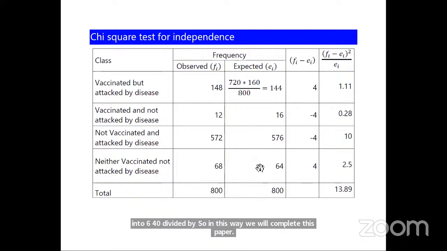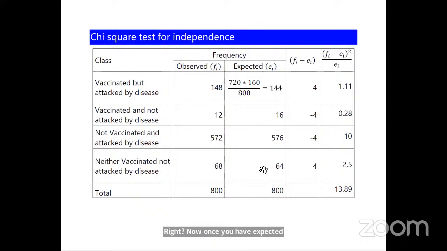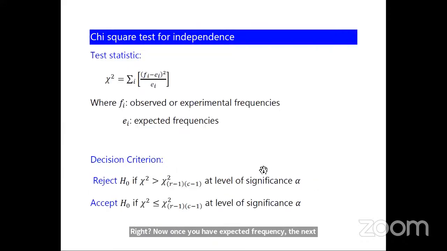Now, once you have the expected frequency, the next calculation, if you see our test statistic, it is the sum of (Fi minus Ei) whole square divided by Ei. What is Fi? Observed. That we already have from our data, the observed frequencies. Then we subtract the expected frequencies from observed, square it for every cell and divide by Ei.